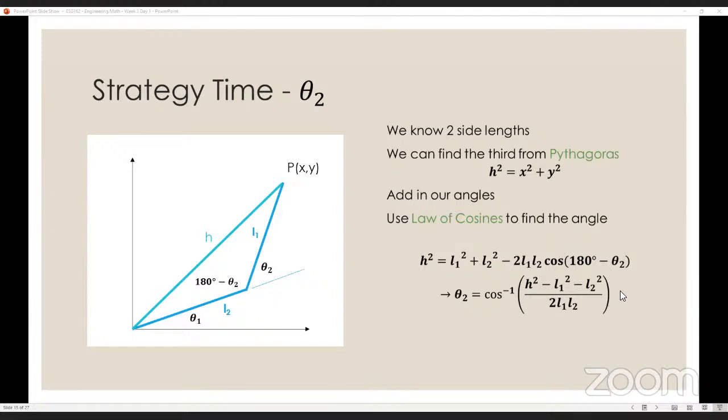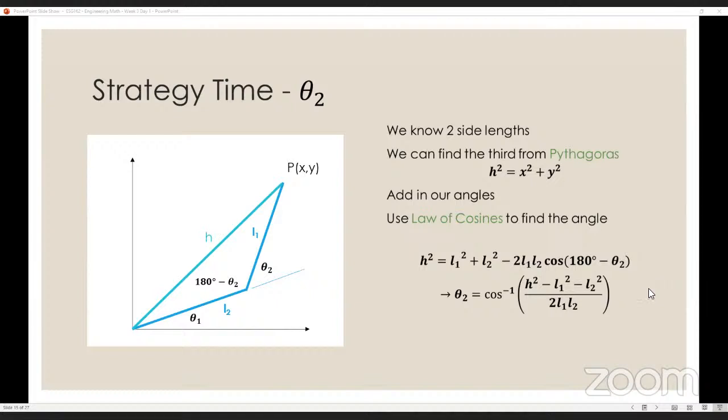You just subtract 180. So I'll write the real equation down because I know you guys are going to write down this equation. Minus 180. There you go. That's what it is. It's the cosine inverse of that minus 180, or 180 minus that, whichever one makes the most sense. Okay. Cool. So that's how we find theta 2.